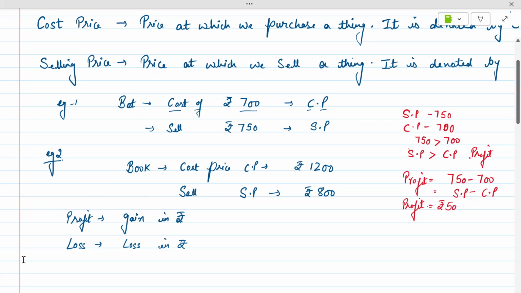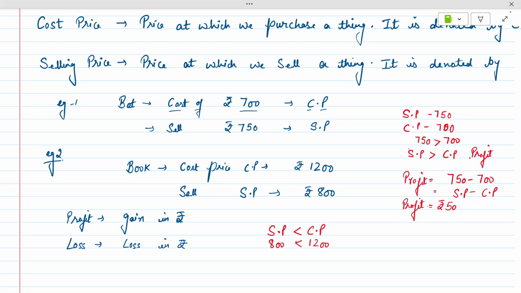Now coming to example 2. In example 2, we have the cost price of 1200 and a selling price of 800. So in this case, my selling price is less than cost price, because 800 is less than 1200. Means I bought it at a higher price but I'm selling it at a lower price. That means I'm losing money, right?